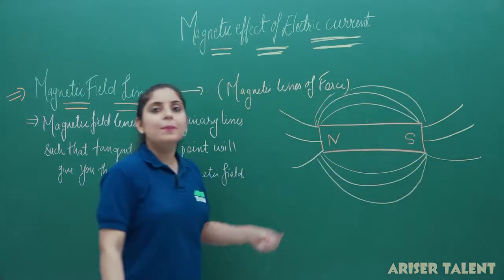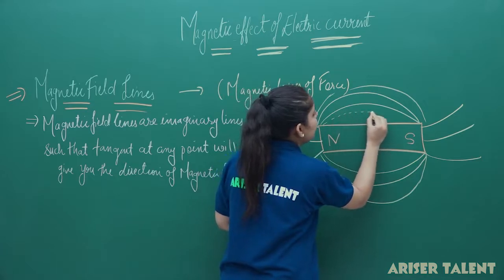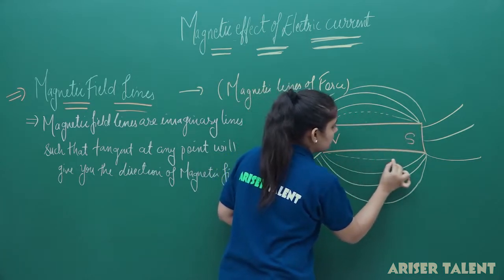These are the imaginary lines in the case of the bar magnet.